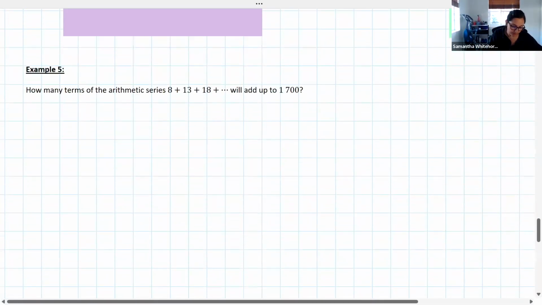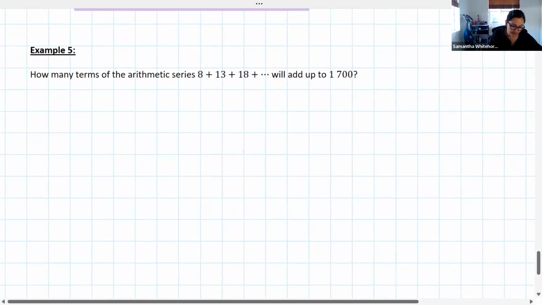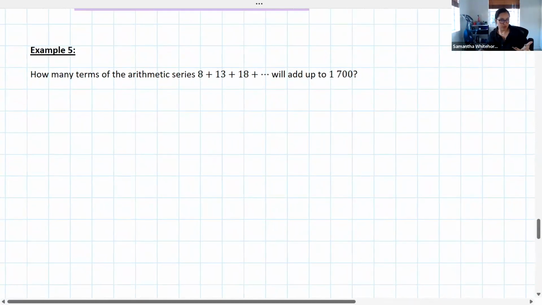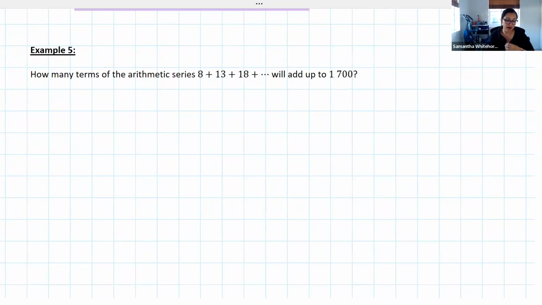Right, so I'm going to jump to example 5 here. This question is a little bit different to what we've been looking at. It says, how many terms of the arithmetic series 8 plus 13 plus 18 plus and so on will add up to 1,700? So the question is essentially asking me, how many terms do I need to add in order to get this very specific sum?